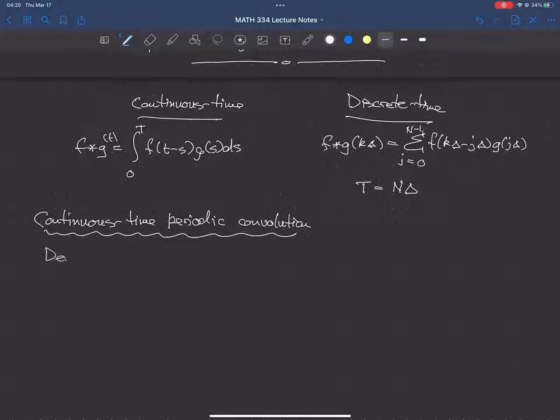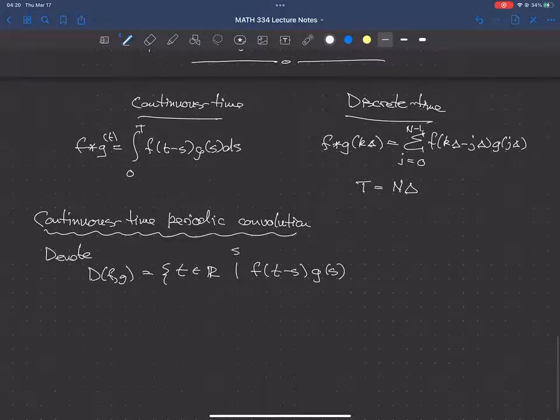Just like in the continuous time case, we denote D of F, G to be the t's in R such that F of t minus s, G of s, and we want to think of that as a function of s, is in L1 of a period.